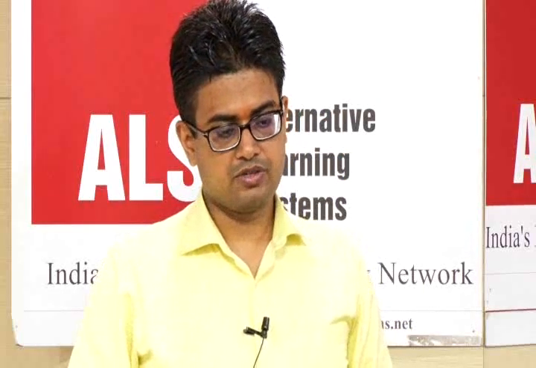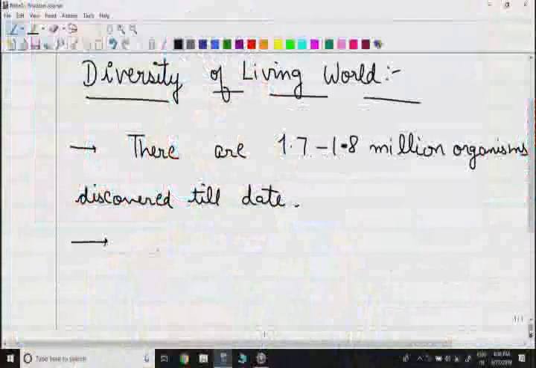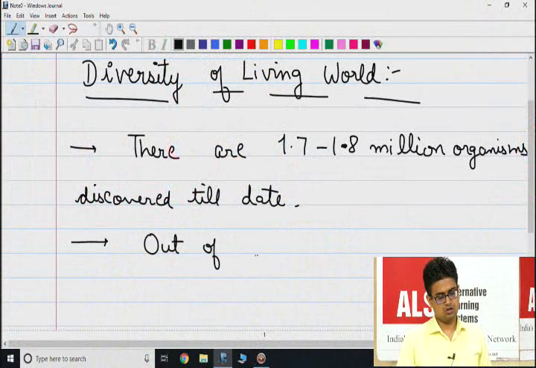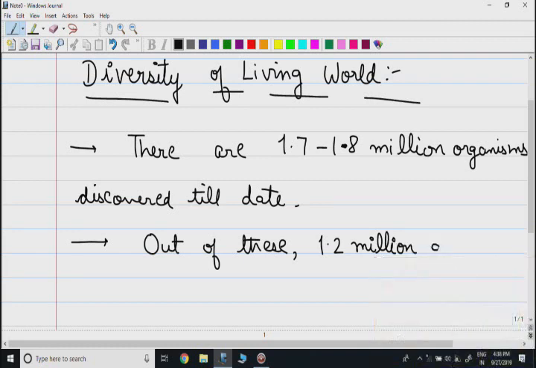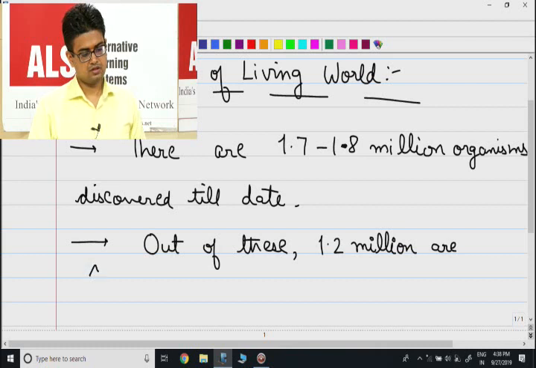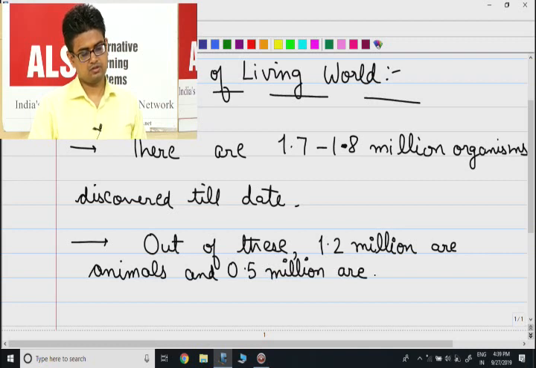1.7 to 1.8 million organisms discovered till date. Out of these, 1.2 million are animals and 0.5 million are plants.